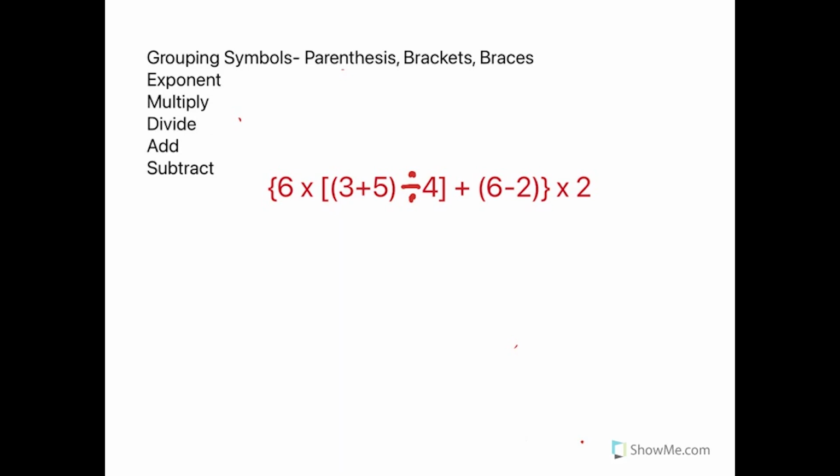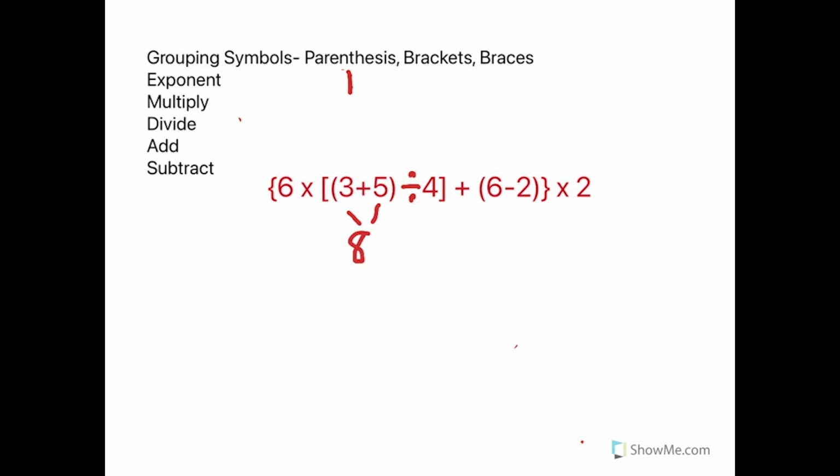Don't look at the big picture, just go step by step. So the first step we're going to do is the parentheses, and that is going to be right here. 3 plus 5 is 8.